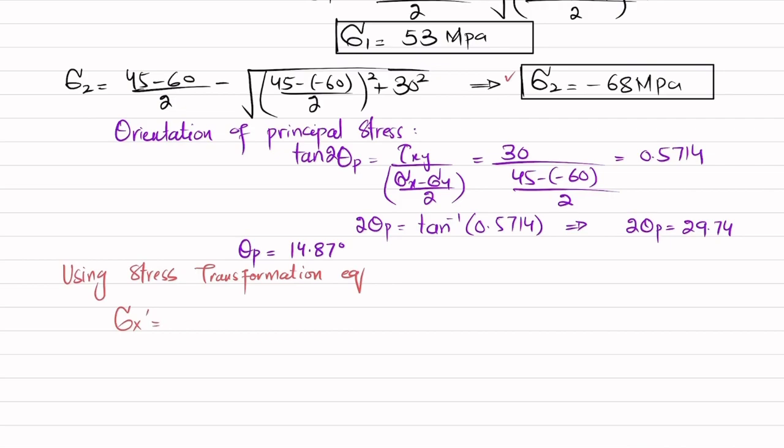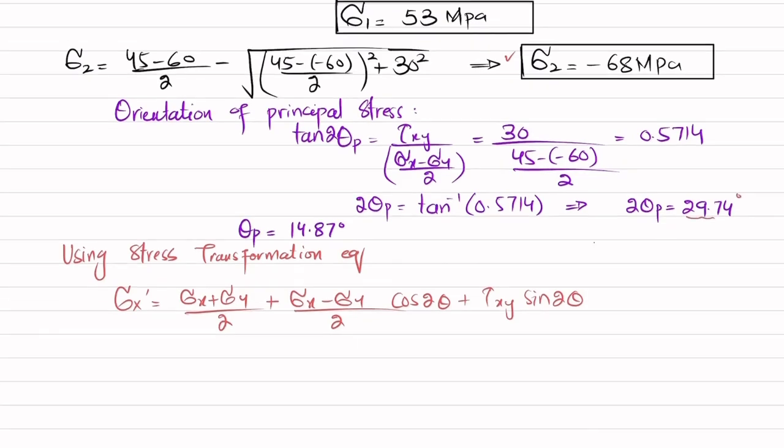We know the stress transformation equation is sigma x dash equal to sigma x plus sigma y divided by 2, plus sigma x minus sigma y divided by 2 into cos of 2 theta, plus tau of xy sine of 2 theta. We have 2 theta p as 29.74, and we have sigma x and sigma y.